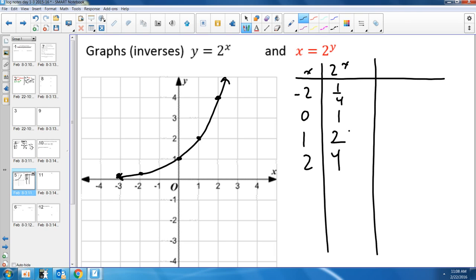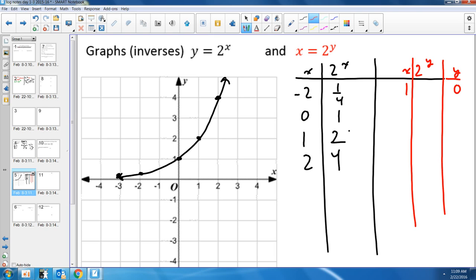Now, if we change that around, and we now want to write, for example, 2 to the y and put in our x's. I can start here with my y value. If my y, for example, is 0, 2 to the 0 is 1, look what happens. This is 1, 0 now instead of 0, 1.